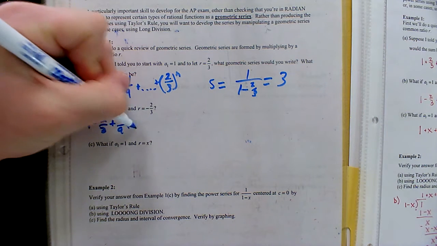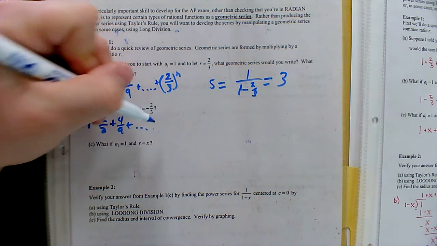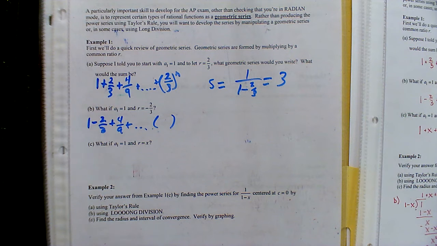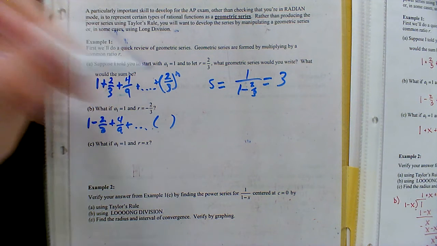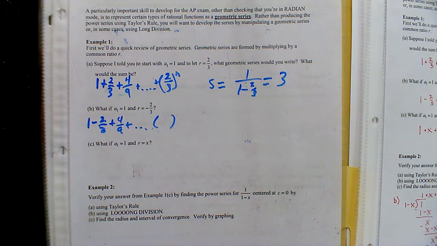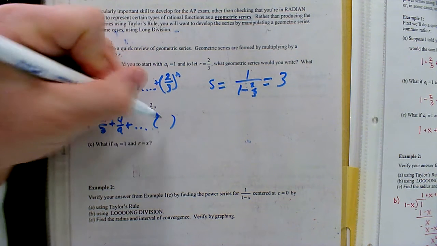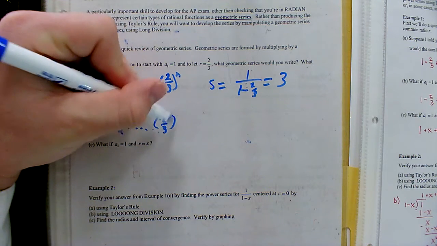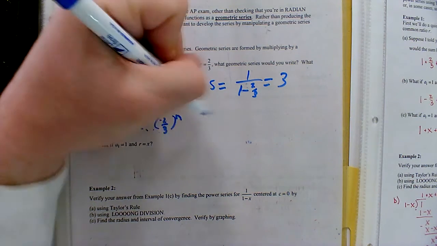And the pattern would continue on from there, plus or minus. So what is the rule for this one? How do we write the nth term of this one? Negative 2/3 to the nth power.